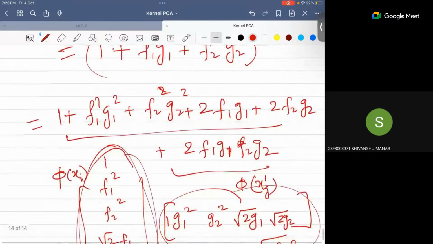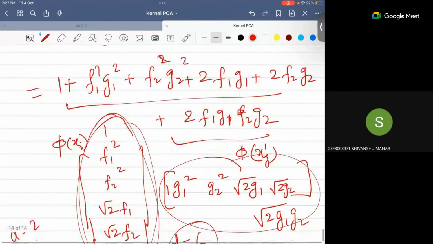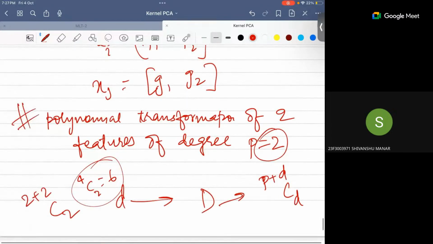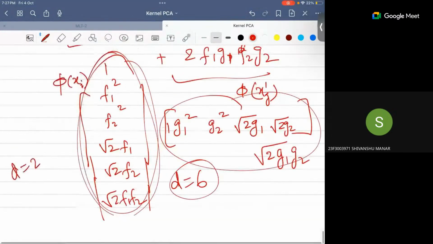Similarly, for whatever number of data points you have, it will give you a matrix, because for each pair of data points that you put inside the polynomial function, it gives you some value. That can help you construct an upgraded data matrix from two dimensions to some bigger dimension, and from that bigger dimension you can take the help of the standard PCA and work there. Are you getting me or not?